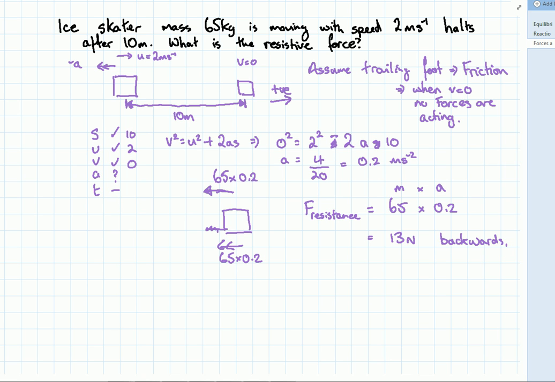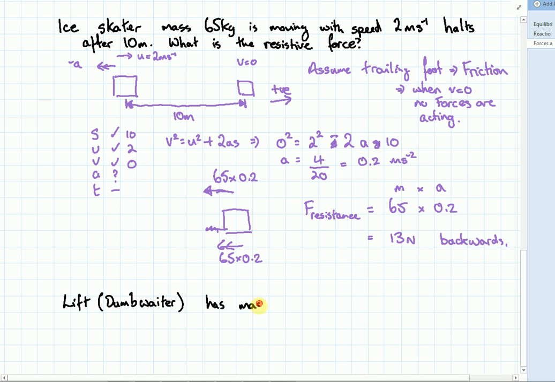Final version is a lift, or an elevator. It's a dumbwaiter lift, one of those used for moving food up and down. It has a mass of 4 kilograms, and has a load on top of it of 10 newtons.